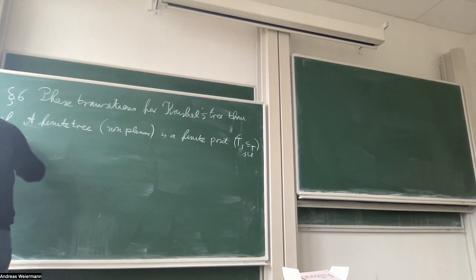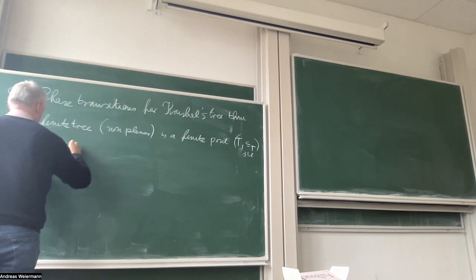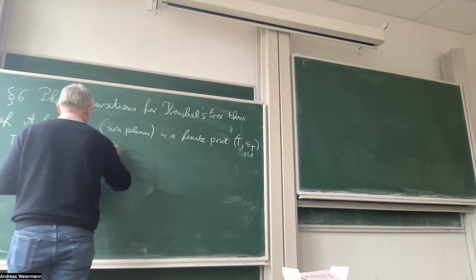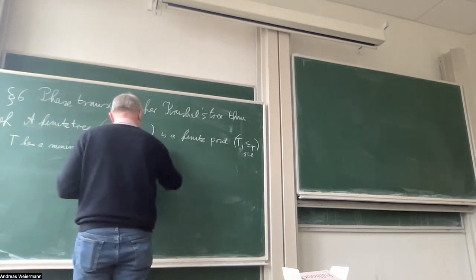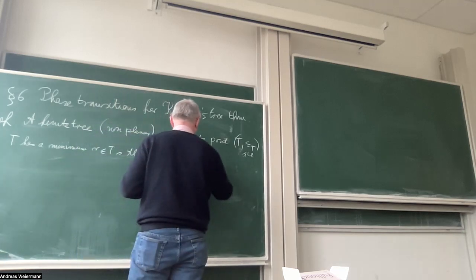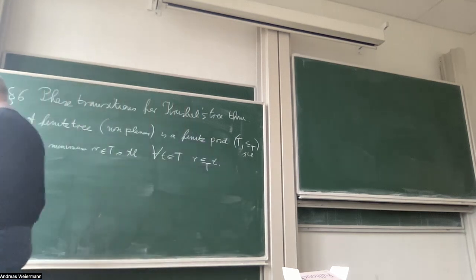First, P has a minimal element, the minimum R in P, such that for all T in P, R is below T. Here R is called the root of T.